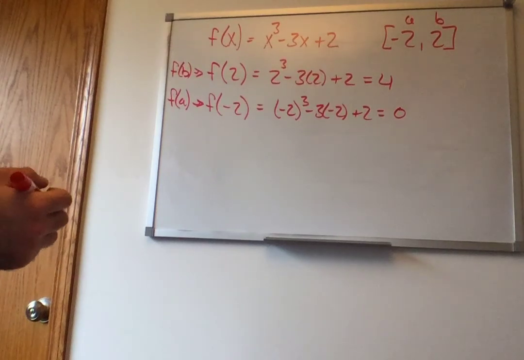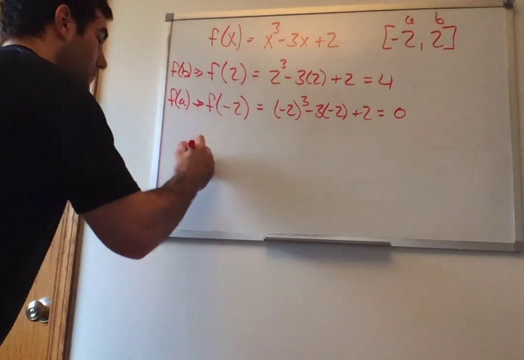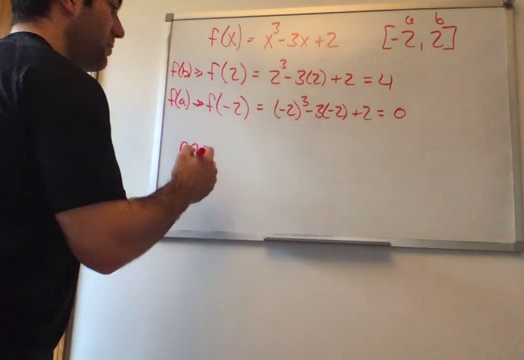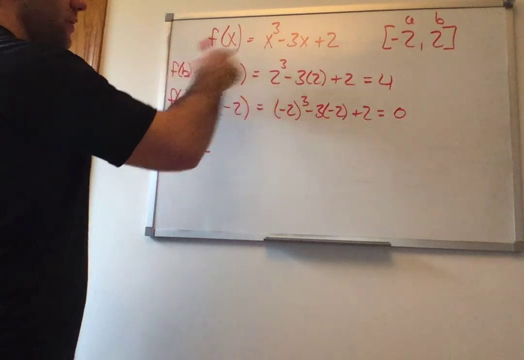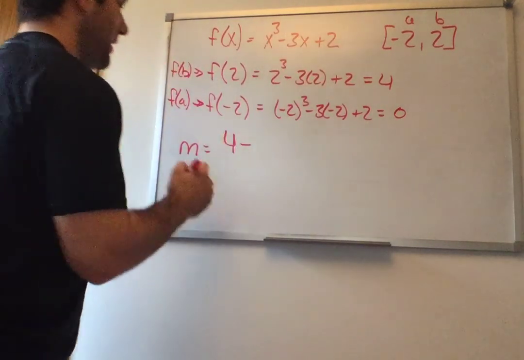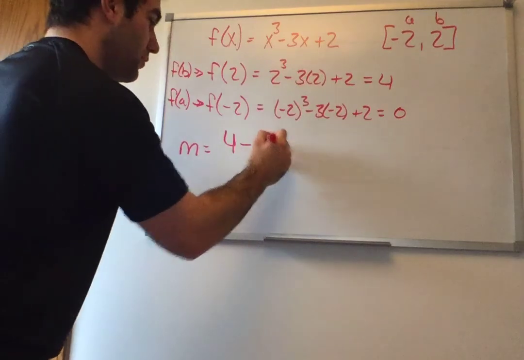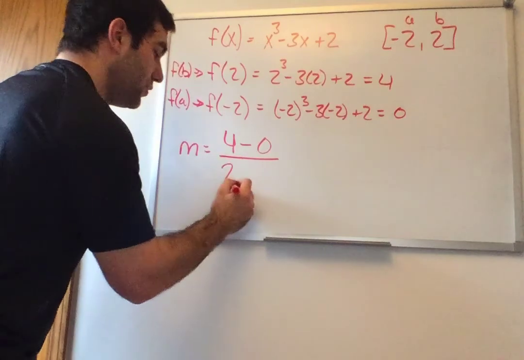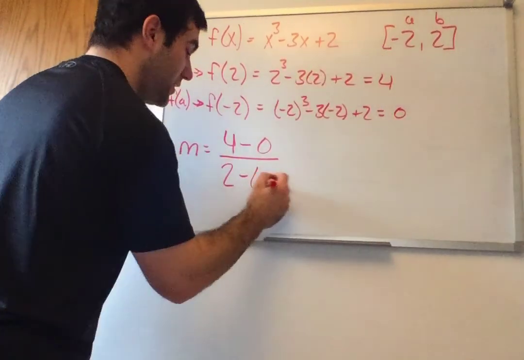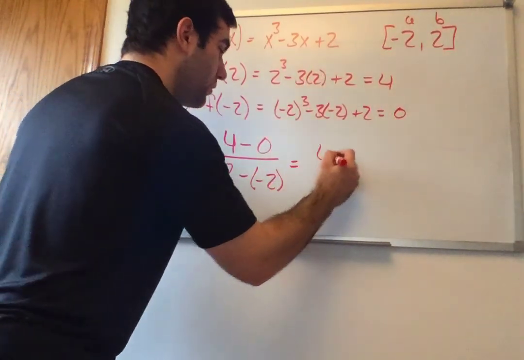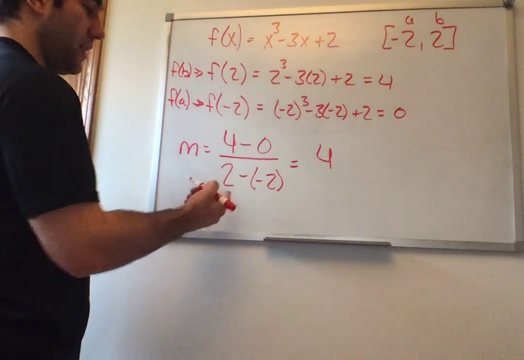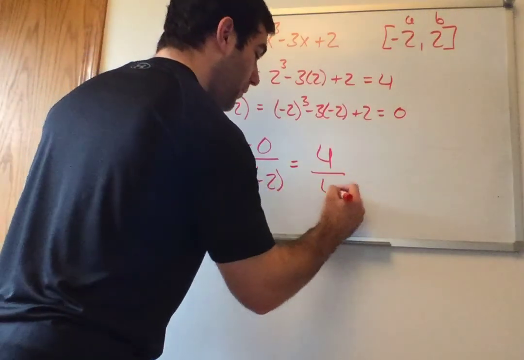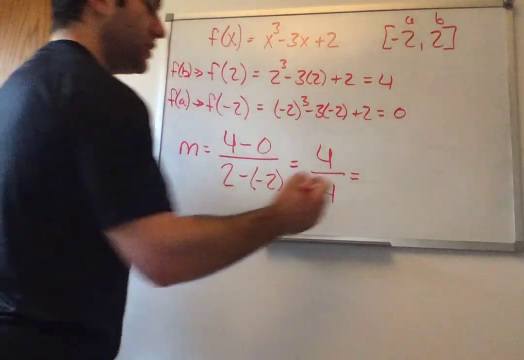So let's go ahead and find the slope of the secant line. m is equal to f of b, which is 4, minus f of a, which is 0, divided by b, which is 2, minus a, which is negative 2. So on top you get 4, 4 minus 0 is 4. On bottom, 2 minus a negative 2 is 2 plus 2. You get a 4 on bottom as well, which is equal to 1.